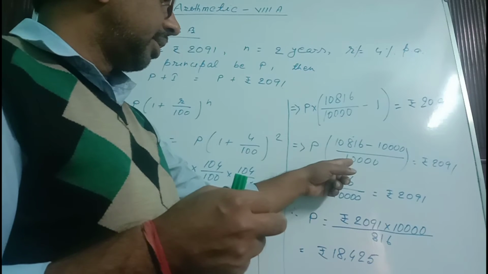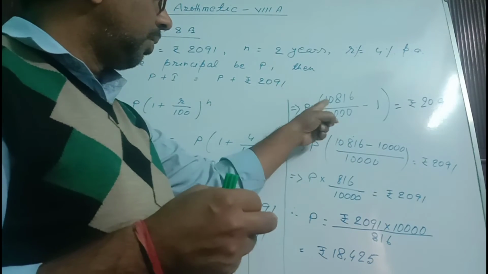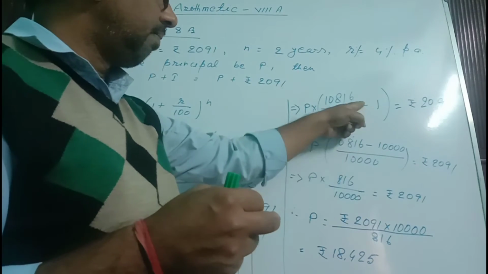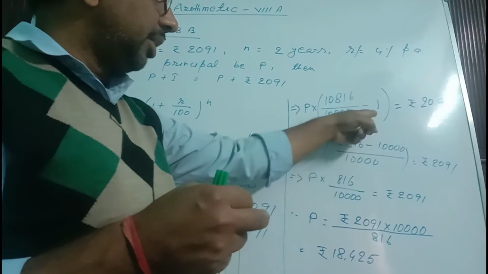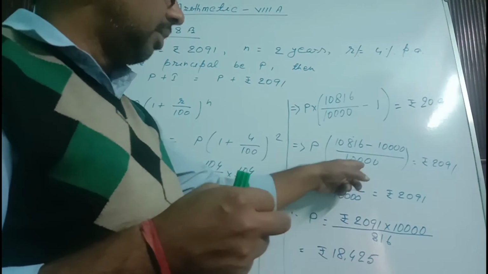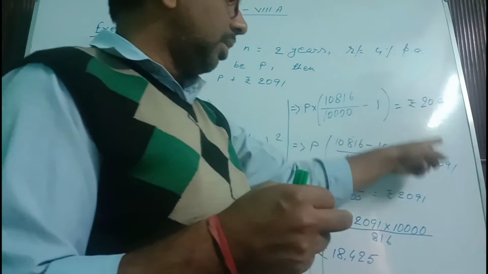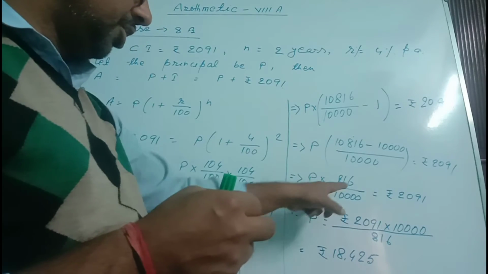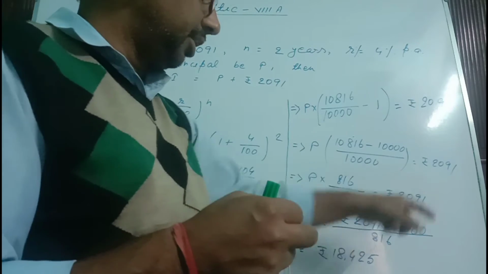I divided the LCM by this denominator, I got 1 into 10,816, minus, here the denominator is 1, I divided the LCM by this denominator, I got 10,000 into 1, equal to 2091. This subtraction gives 816, so P into 816 by 10,000 equals 2091.